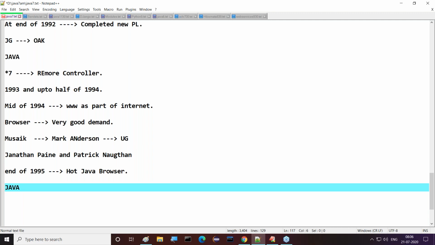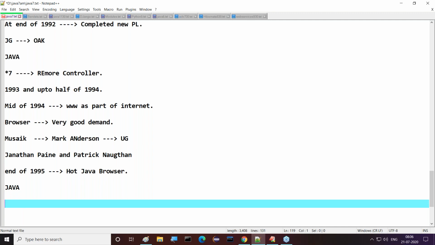In this situation, Sun Microsystems wanted to release the Java programming language officially to the outside. So as part of this, Sun Microsystems released the Java programming language with the name JDK 1.0 exactly on 23rd January 1996.